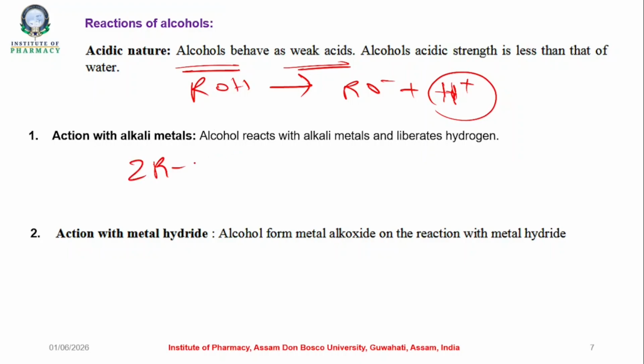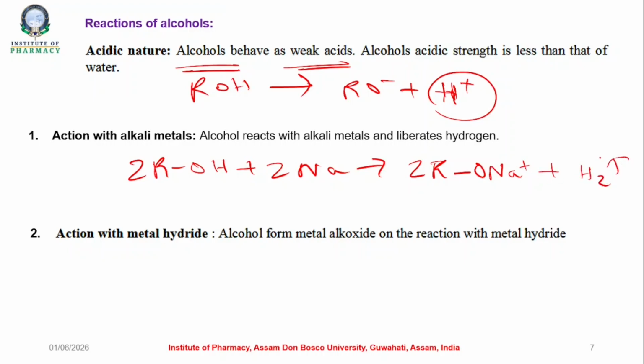If we take one example, we have an alcohol and then we have sodium metal here. This sodium metal reacts to form sodium alkoxide, and in this process hydrogen is released. So we have our sodium alkoxide here, and then we have our hydrogen here. So this is the first reaction.